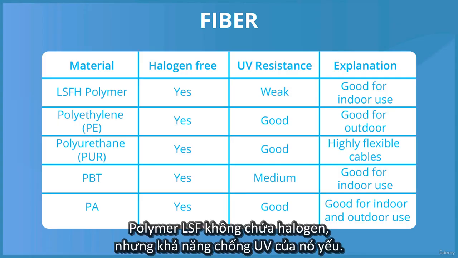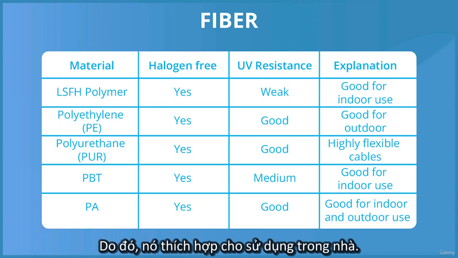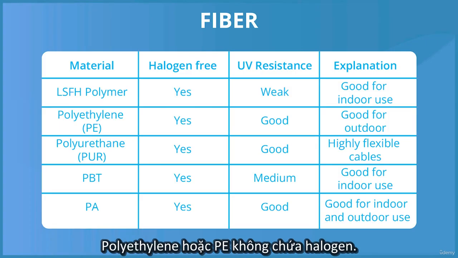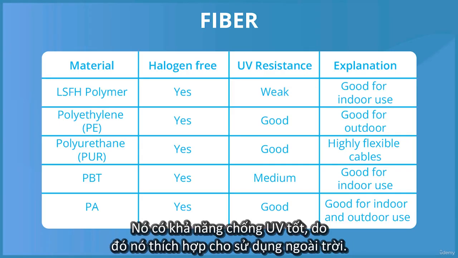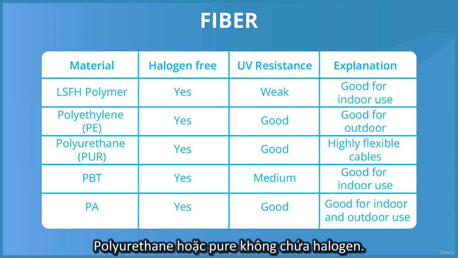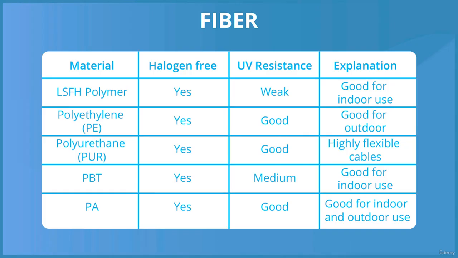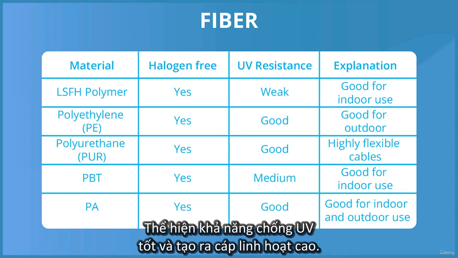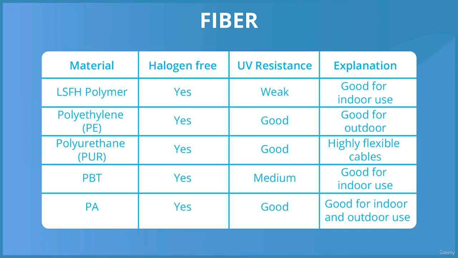LSFH polymer is halogen-free, but its UV resistance is weak. Therefore, it's good for indoor use. Polyethylene, or PE, is halogen-free. It's got good UV resistance, so that makes it good for outdoor use. Polyurethane, or PUR, is halogen-free, displays good UV resistance, and makes highly flexible cables.